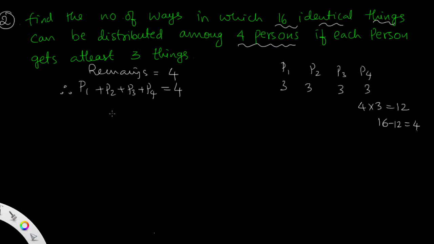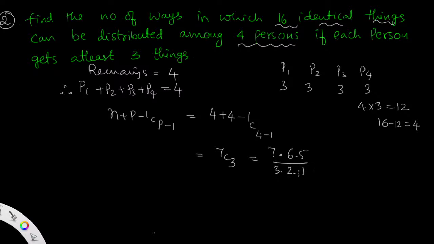By using Beggar's formula, n plus p minus 1 C p minus 1, where n equal to 4 and the remaining money 4, so 4 plus 4 minus 1 C 4 minus 1. That is equal to 7C3, which is 7 into 6 into 5 by 3 into 2 into 1.